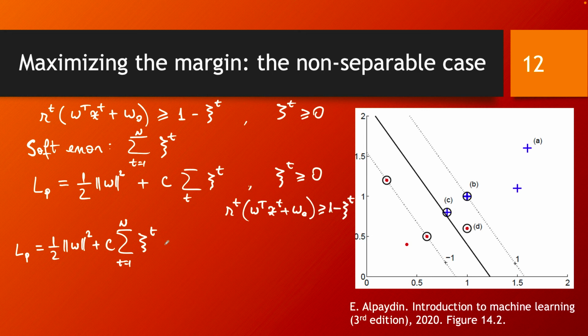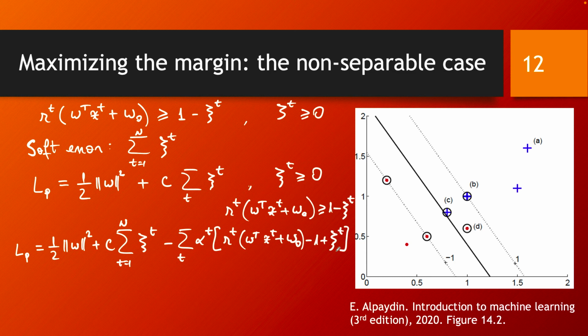And for this one, I have the constraints alpha, very similar as before, sum by t, alpha t times rt (w transposed xt plus w0). And remember, the idea was that we move everything to the left hand side, so this is -1 plus xi t.